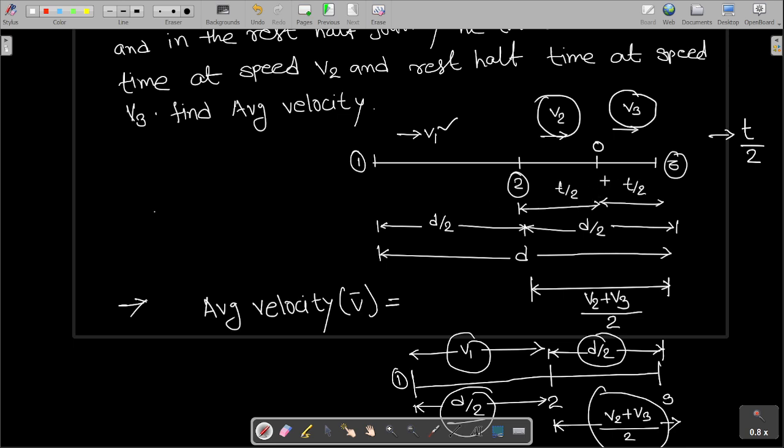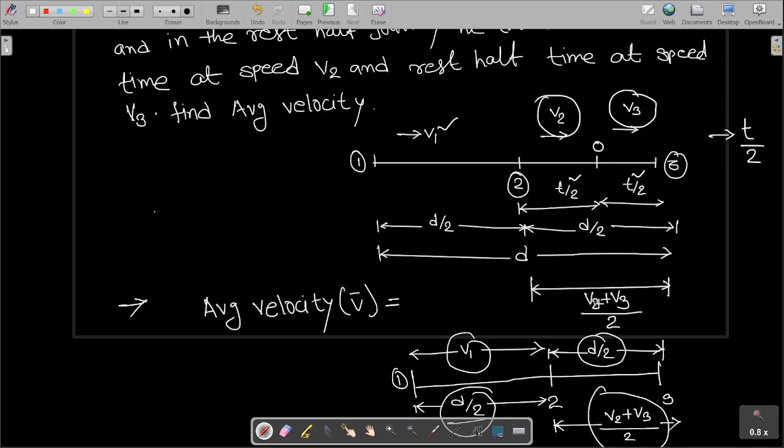Now as I told you earlier, when the time is same but the velocities are different, then you can use this formula to get the average velocity between the 2 points. So we did the same, that is v2 plus v3 by 2, as I told earlier.